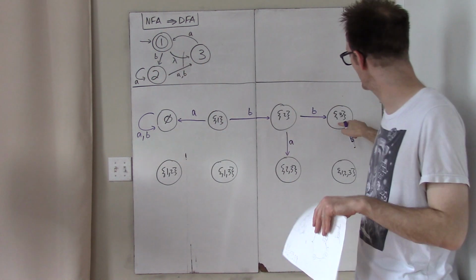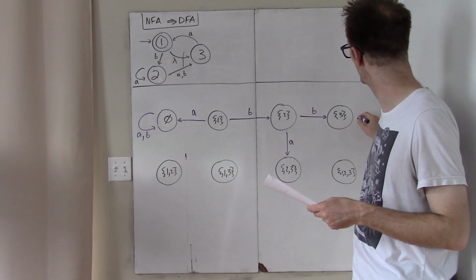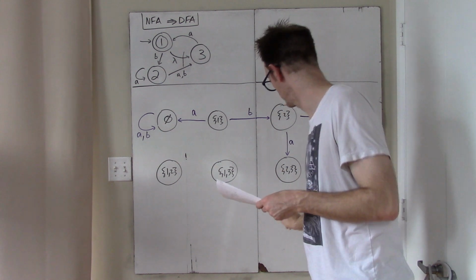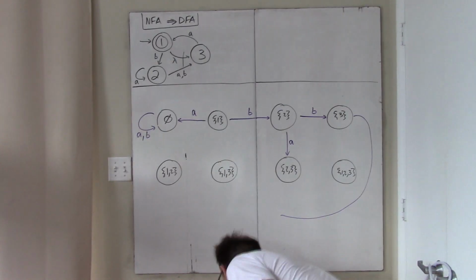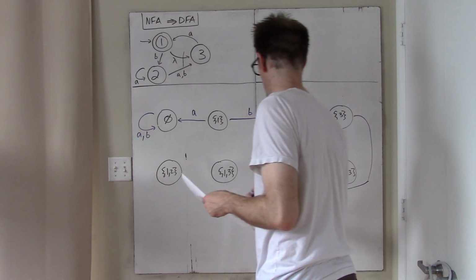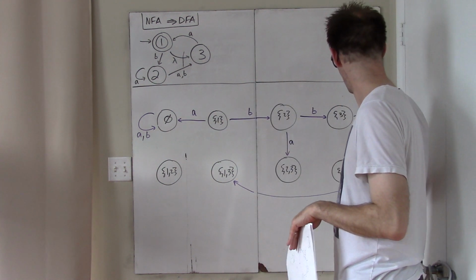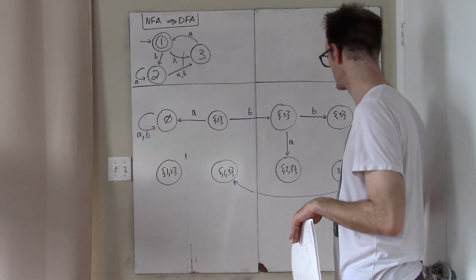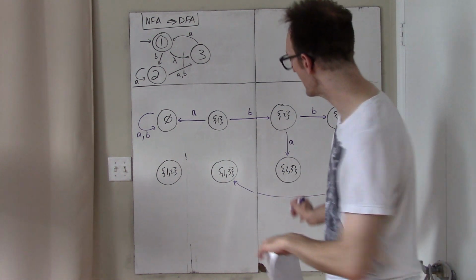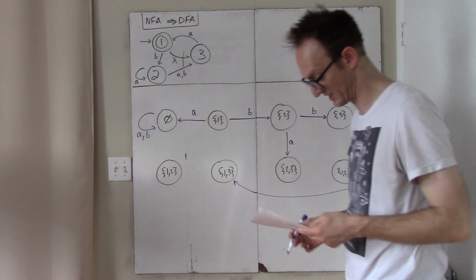And so the best way to think about this is that if I am in state 3 and I read an A, I should go to state 1, 3. Because that's what we do.